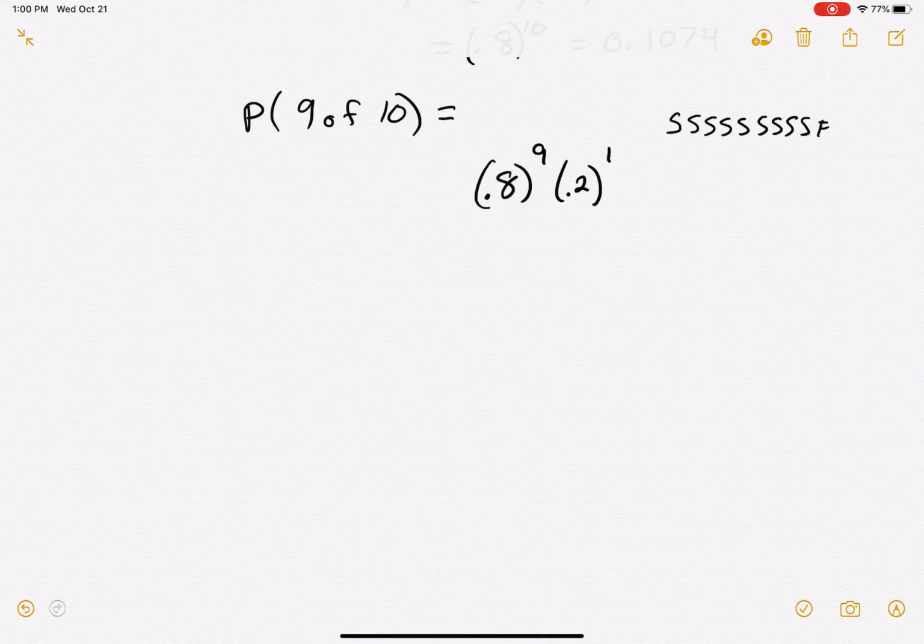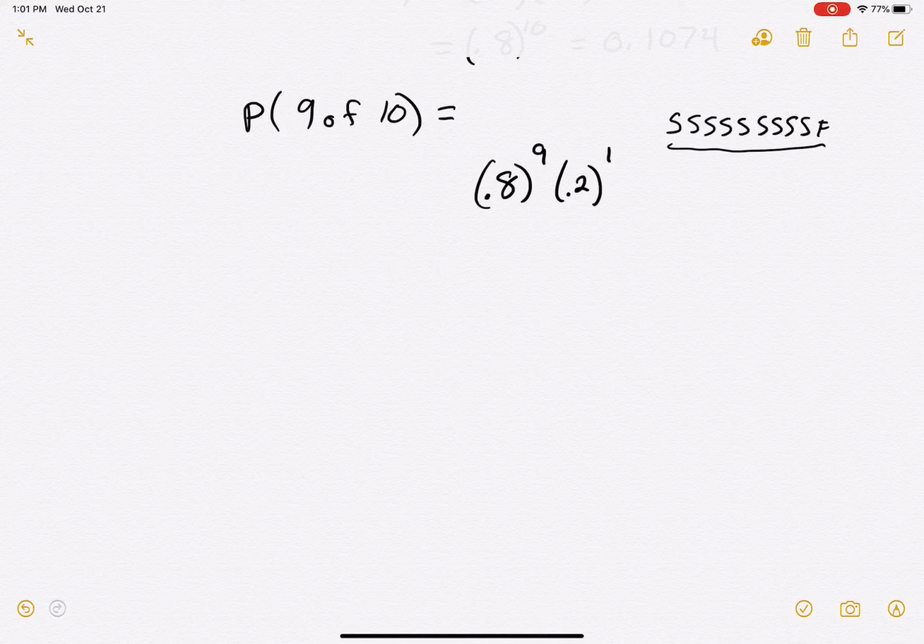But we want to figure out how many different ways we can rearrange that. And we need to multiply that, using our fundamental counting principle, by the probabilities that we are assigning to the 9 that he makes and the 1 that he misses.